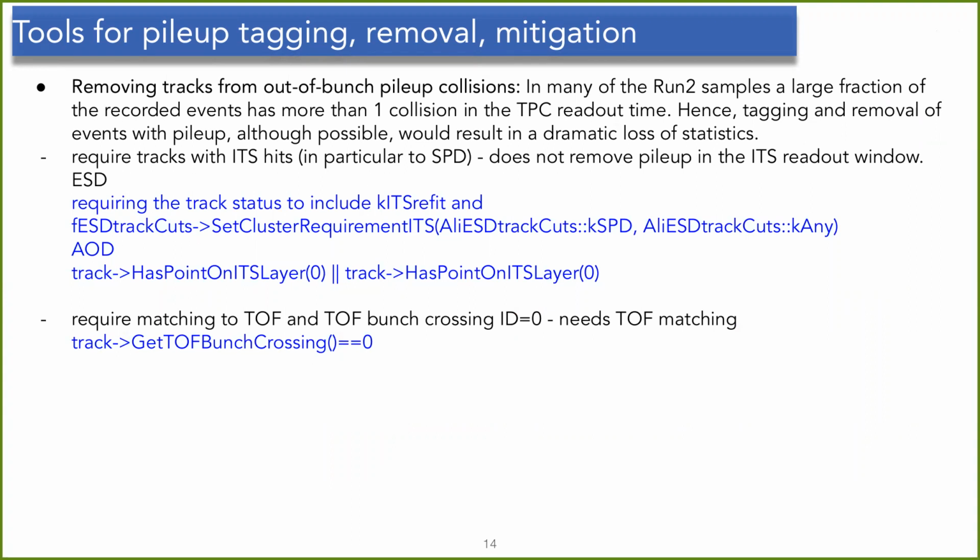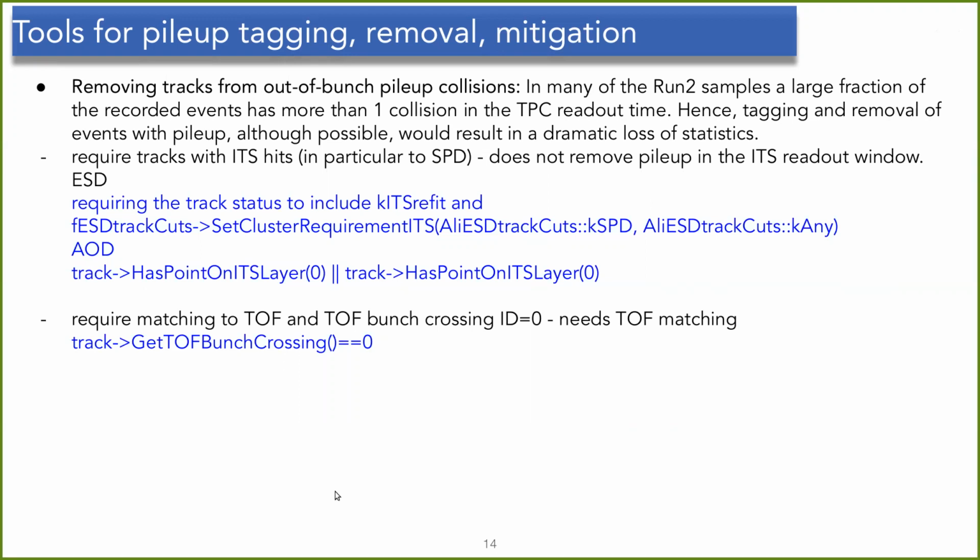That means you have more than one vertex for most of the events recorded. If you remove the events by looking at multiple vertices, it will significantly reduce your event statistics. In order to avoid that, one can put a cut on the track level to reject the tracks that are coming from the pileup event.